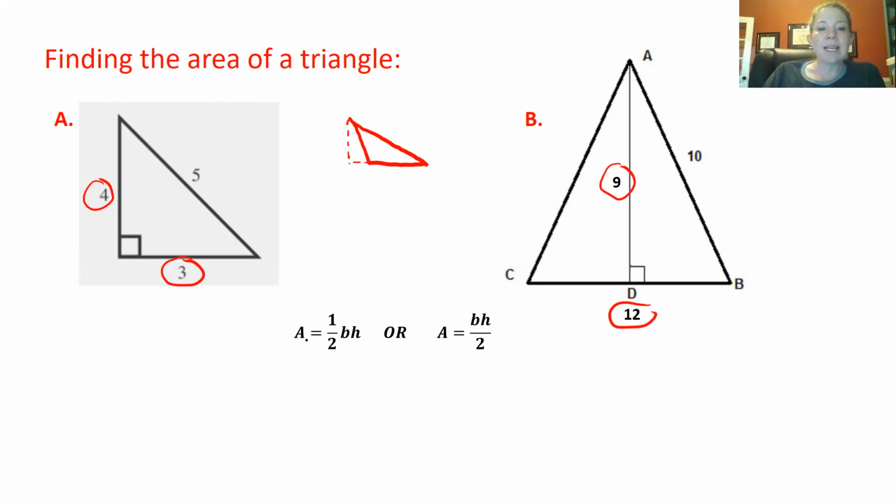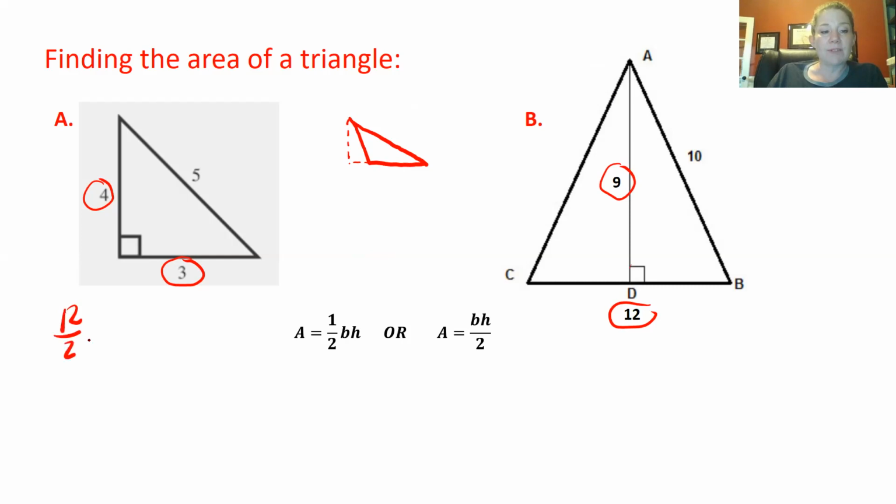All right, so basically these say the same thing, they just look a little different. The area of a triangle is found by finding half, 1/2 times the base times the height. Or another way of saying that is you multiply your base and height together and then you halve it, you divide it by 2. So 4 times 3 is 12.